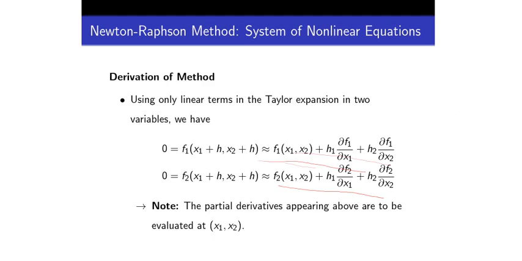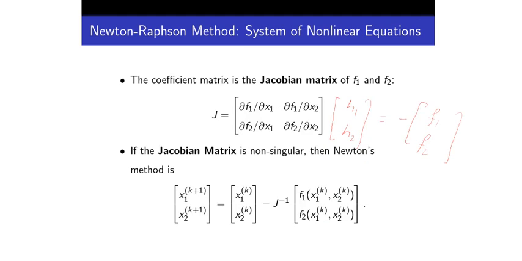To find the unique solution, this matrix must be non-singular. So you will get the correction h1 h2 as minus J inverse times f1 f2.